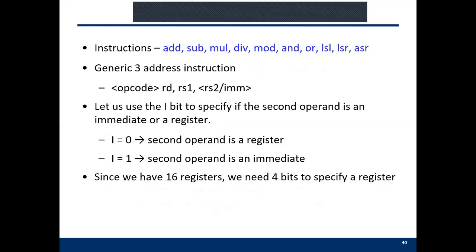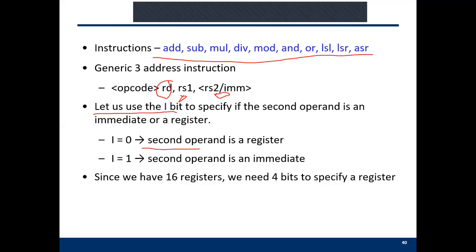And then we have three-address instructions, which are all these. We have 3 fields for these instructions: 2 operands, and 1 is the result register. So these 2 are the operands, and this one is the result. We use 1 bit to indicate whether the second one is a register or an immediate.